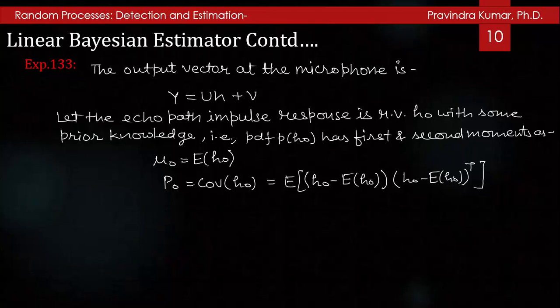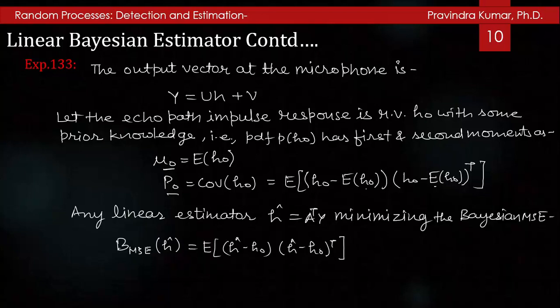So we have considered the prior knowledge of the PDF, having first and second moments as mu naught, equal to the expected value of H naught, and P naught, the covariance of H naught. So we have the mean value mu naught and covariance P naught here, and the covariance is the expected value of H naught minus expected value of H naught, into the transpose of H naught minus expected value of H naught.